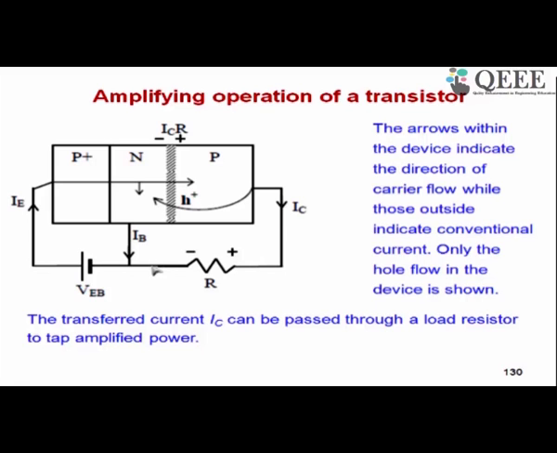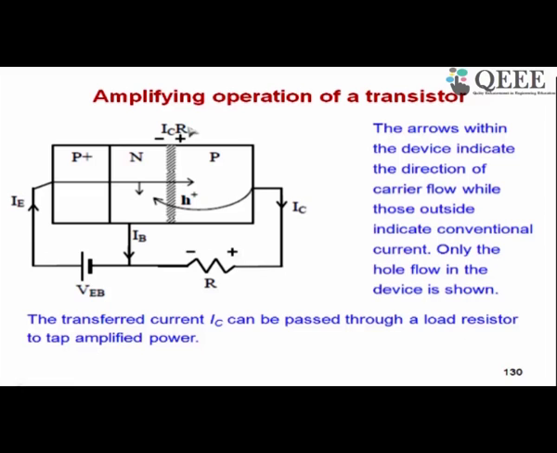The moment I put a resistor here, a polarity of voltage is going to develop like this, positive on the P and negative on the N, because the current is passing through this resistance. That voltage will come across the collector and base, and the voltage is equal to IC times R. IC is the current passing through the resistance, and this is the polarity of the voltage. Now this polarity of the voltage is going to spoil our transistor action.